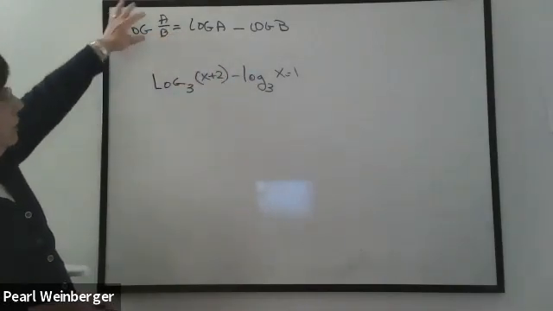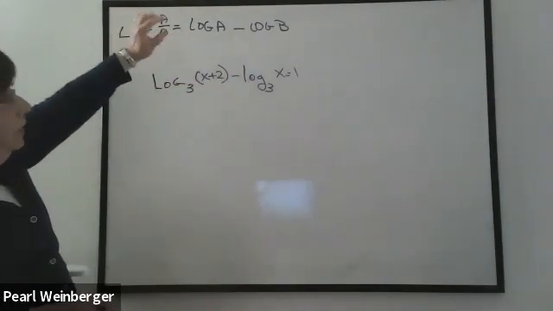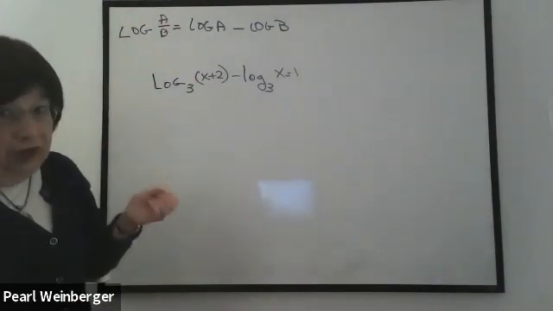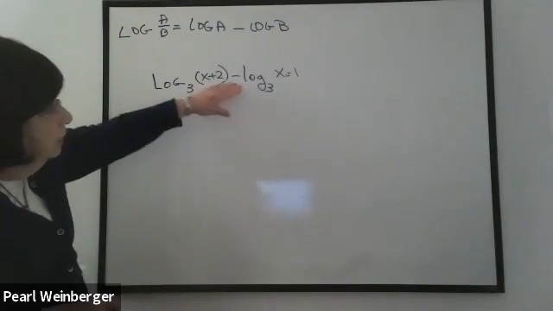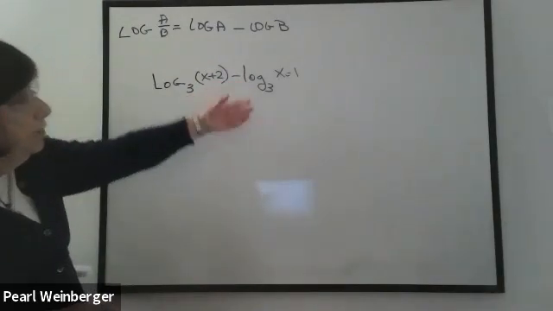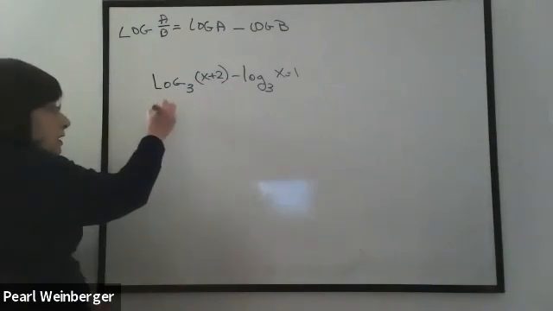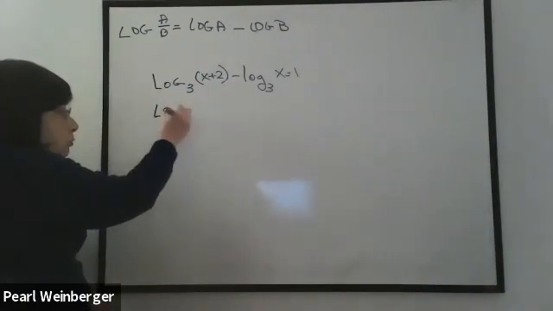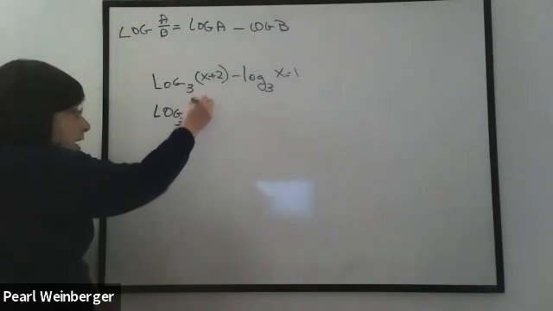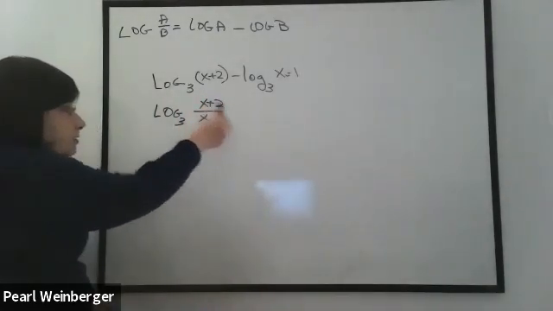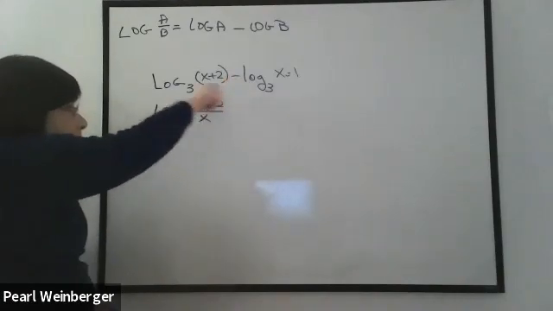Remember, the rule is that when you have A divided by B, the logs are your exponents. When you're dividing, you're subtracting the logs. So if I want to contract this back to a single log, I've got to write this as log base 3 of the x plus 2 divided by the x.